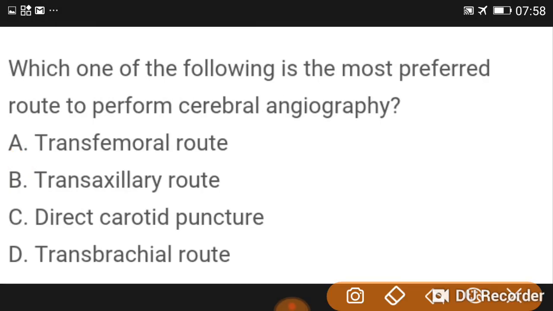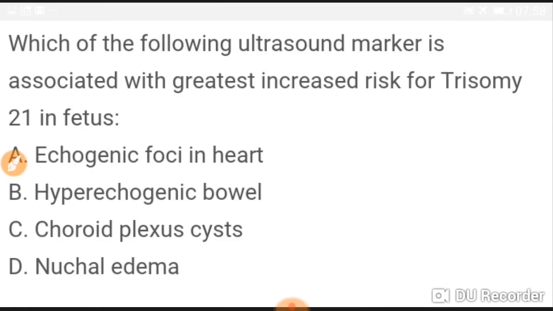Which one of the following is the most preferred route to perform cerebral angiography? Transfemoral route. Which of the following ultrasound markers is associated with a greater increased risk of trisomy 21 in fetus? Nuchal edema.